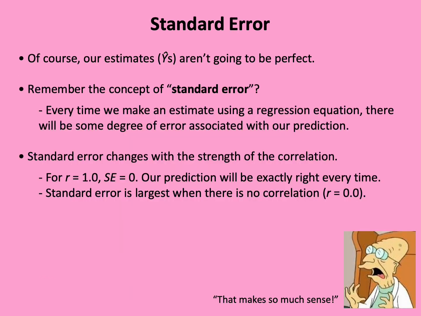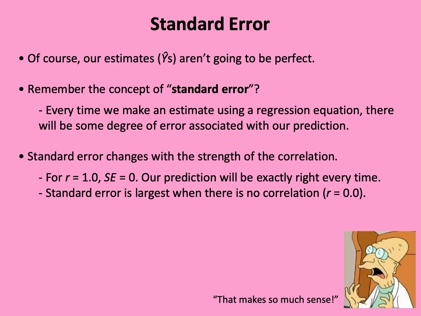So I want to tell you a little bit more about our error term. So again, our predicted value of y, or the value that we predict for our criterion variable given a given value of our predictor, obviously they're not going to be perfect. So when we talked about t-tests, we discussed a concept known as standard error, and this is very similar.